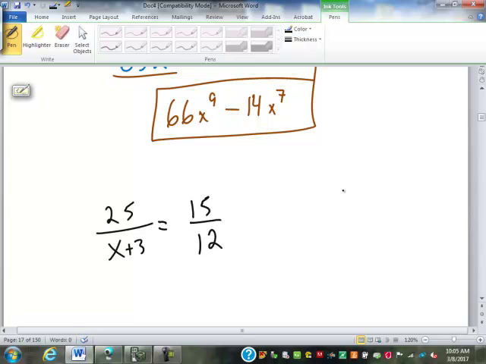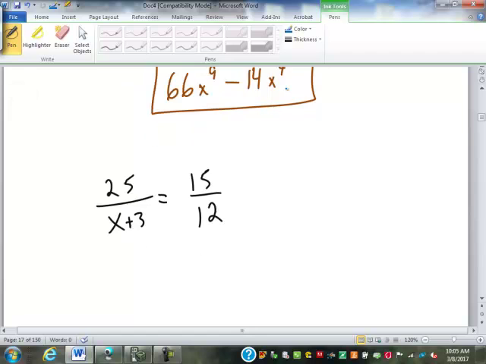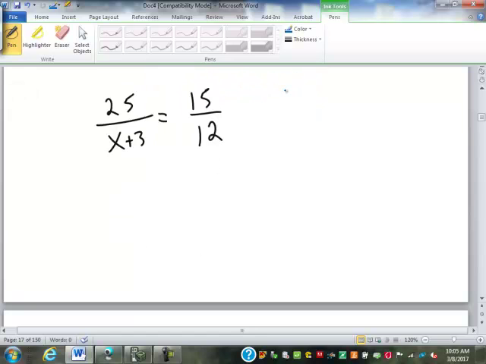Let's have a proportion like this, where I'm asked to solve for x plus 3. Because this is not just the variable there by itself, the easiest way here is to cross multiply and make an equation.